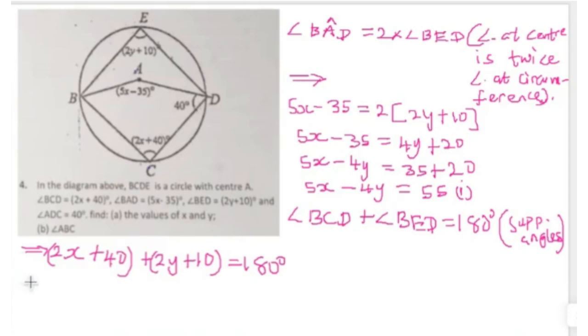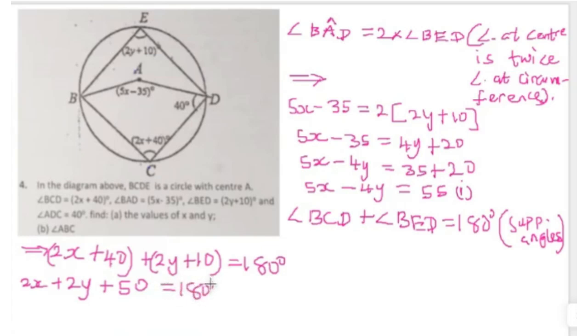Okay, we collect like terms, so we're going to have 2x plus 2y plus 50, 40 plus 10, equals 180 degrees.